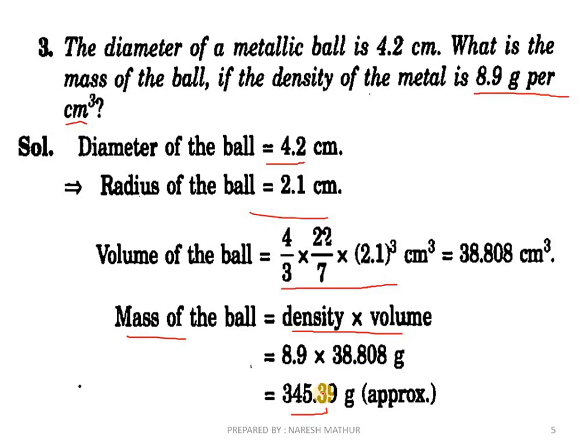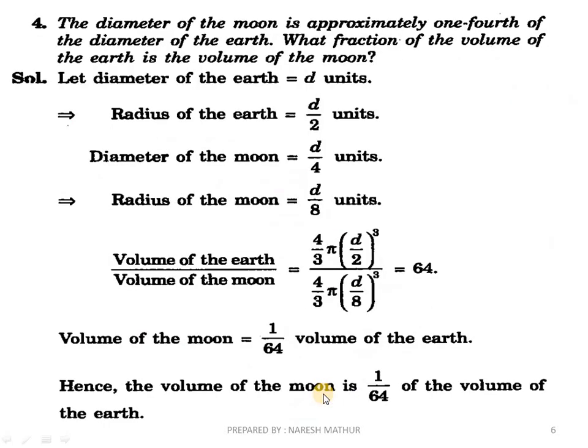Alright, in the next one we have a similar question. The diameter of the moon is approximately 1/4 of the diameter of the earth. What fraction of the volume of the earth is the volume of the moon? We have done the same kind of question in the exercise based on surface areas of a sphere.